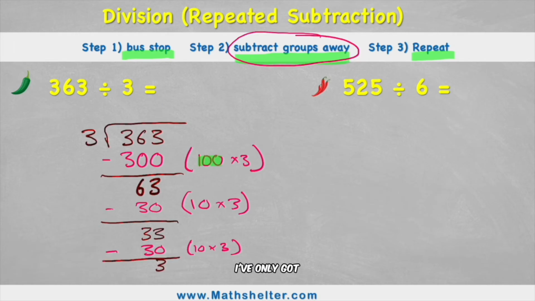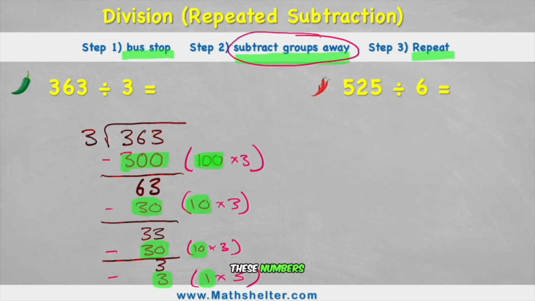And then if I've only got 3 left, my subtraction will be just taking one lot of 3 away, which is 1 times 3. So what does this mean? What have I just done? Well, I've just individually worked out how many 3's there are in 300, and that gave me 100. Then I worked out how many 3's there are in 30, which was 10. Then another 30, which was another 10. And then the final 3, which was 1.